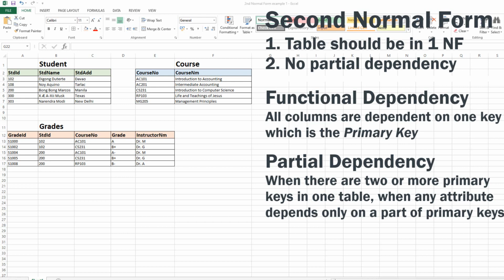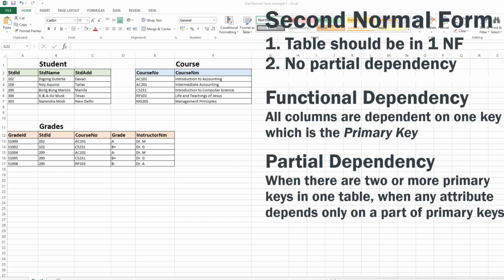This is how I will identify a particular row in a data set. I will say student ID 102 for the course CS231 has a grade of B+, and the teacher is Dr. G. So the student ID plus the course number combination can uniquely identify a particular grade, or in other words, a particular record in a data set.